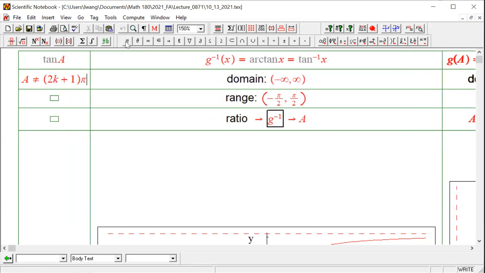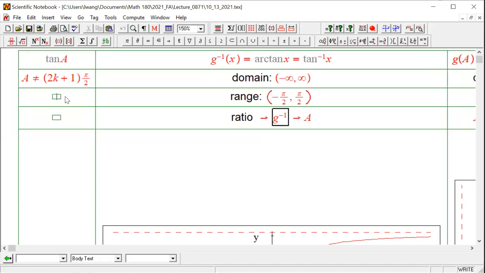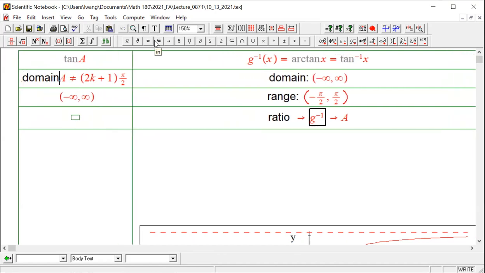This is the function we refer to, always, unless otherwise specified. The range, of course, is from negative infinity to infinity. So that's the domain, and that's the range. Most of the time, unless otherwise specified.